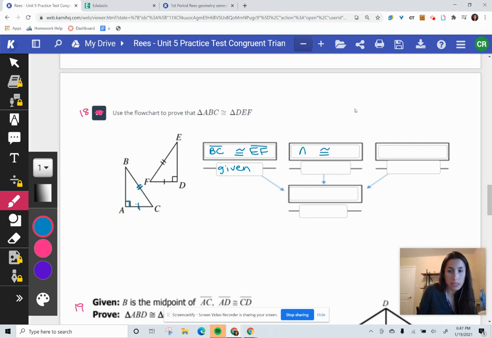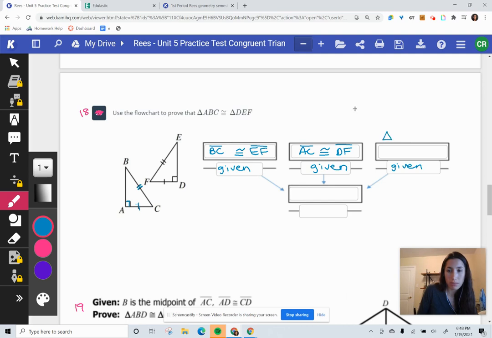We can do AC. That is congruent to DF. That's also given. And then here we have a right triangle statement. So I would say, which is given. We could say triangle ABC and DEF are right triangles.